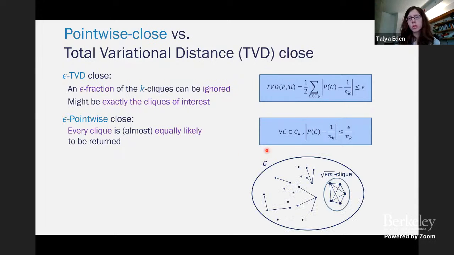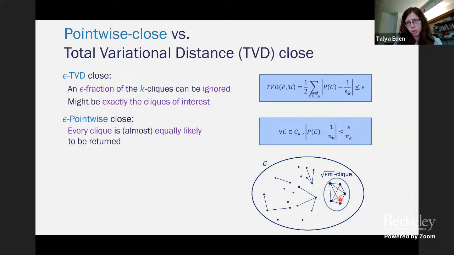For example, if I have this graph and we have this small clique over square root of epsilon m vertices, this has at most epsilon m edges, right? If you're looking at epsilon TVD close, an algorithm that only returns uniform edges from this sparse subgraph will be epsilon close to uniform.